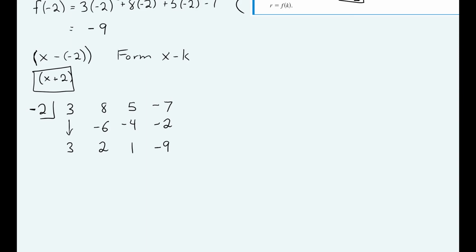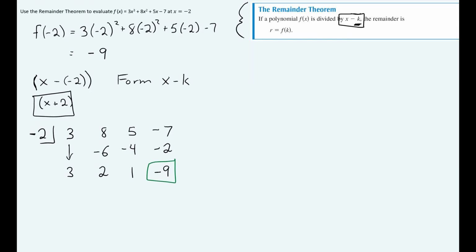Remember how the last term in our synthetic division is the remainder. According to the Remainder Theorem, I divided by x plus 2, therefore my remainder, which is -9, is equal to f of k. So it's equal to f of -2.